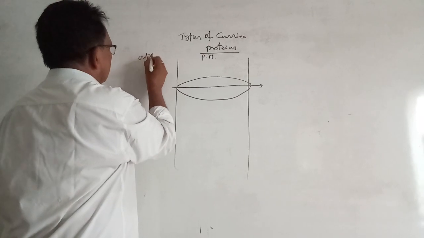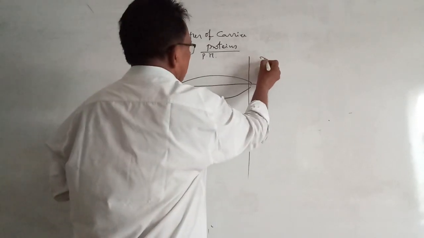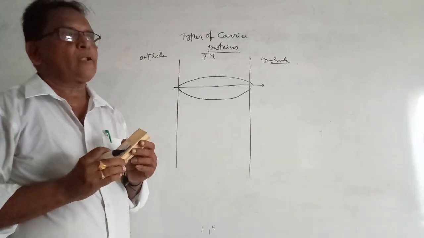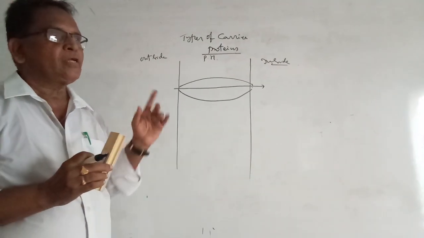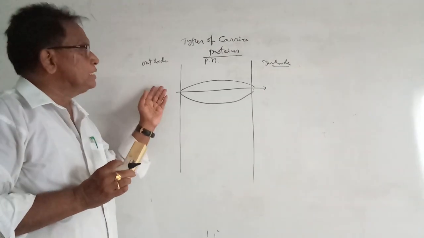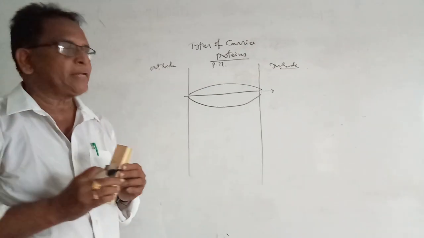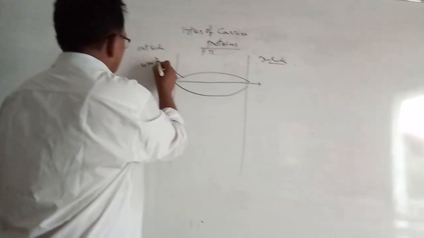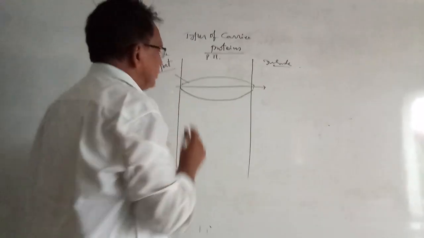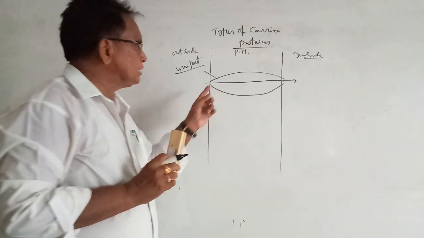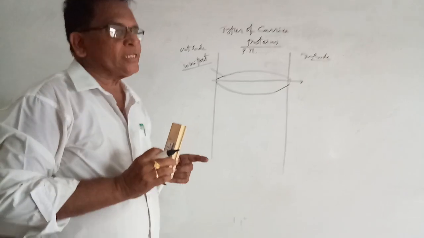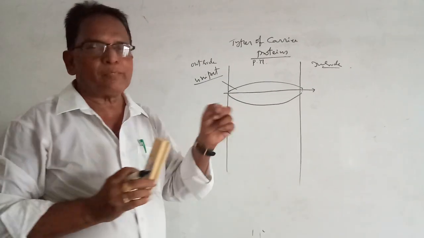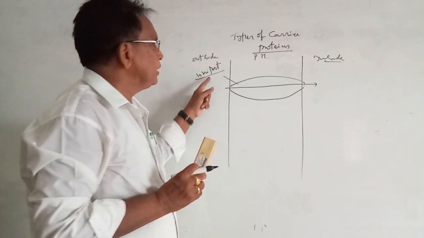This is outside, this is inside. If a carrier protein allows only one molecule at a time from outside to the inside of the plant cell, this system is known as uniport. This is called uniport, and this carrier protein is called a uniporter.